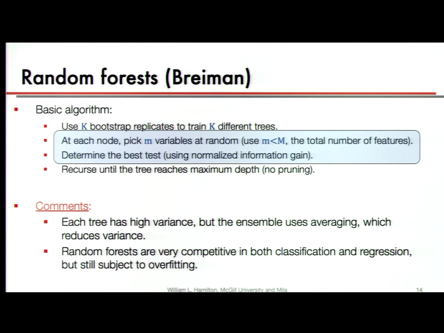So that introduces more variance, but we're combating that variance through this ensembling process. So we have a bunch of high variance trees, very unstable trees, but then we're combining them together, and this actually, in the end, gives us a very powerful model.